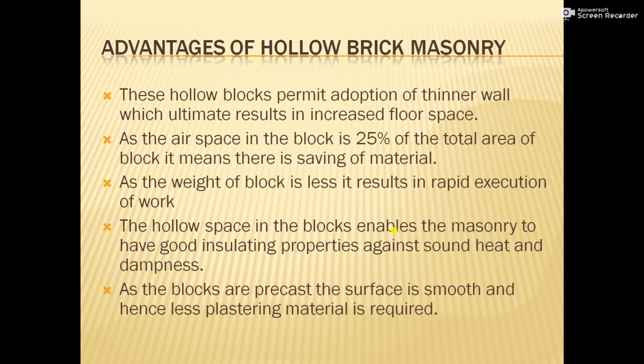So the surface of those blocks is smooth compared to other construction materials, and because of that the plastering material required is in a lesser amount. So these are some advantages of hollow brick masonry, because of which nowadays hollow brick masonry is popular in the construction of commercial and residential buildings.